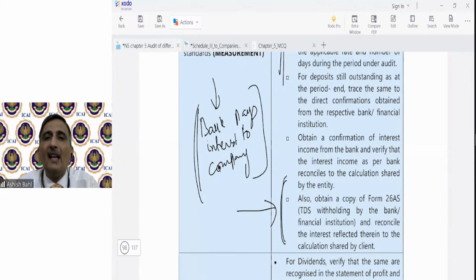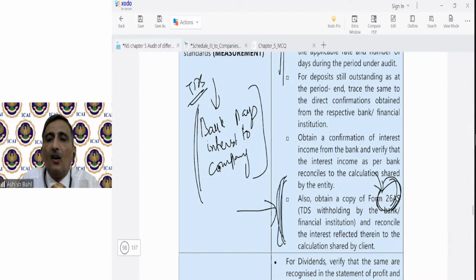So this TDS would be reflected on the income tax portal in a form which is called Form 26AS. Okay, so the auditor can verify those things. Recently, the TDS details are being shown separately in Form 26AS on the portal. Okay, so these kind of things.